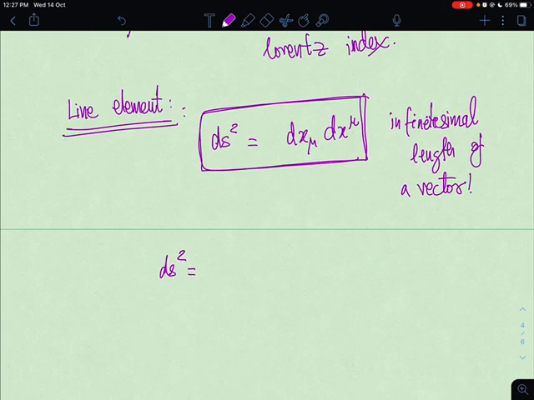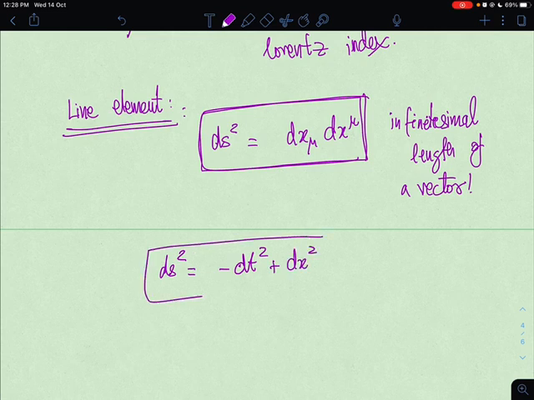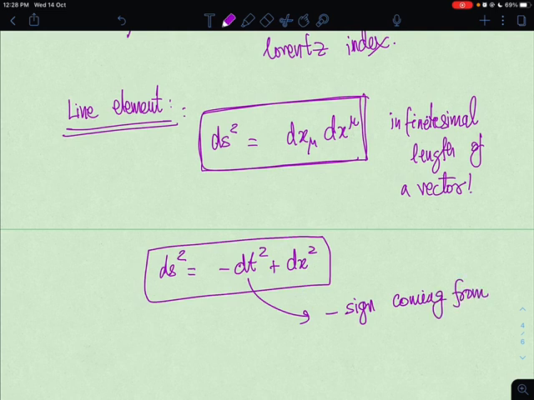So if I expand this algebraically, it will give me something like minus t square plus x square, or let me put it this way, minus dt square plus dx square, and this minus sign is coming from the metric.